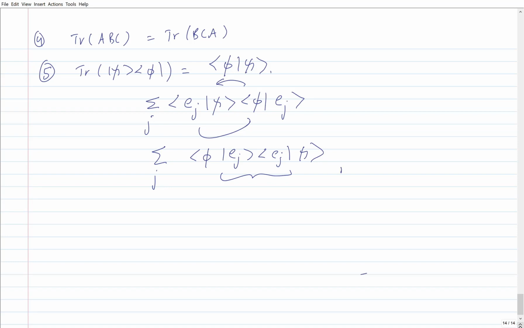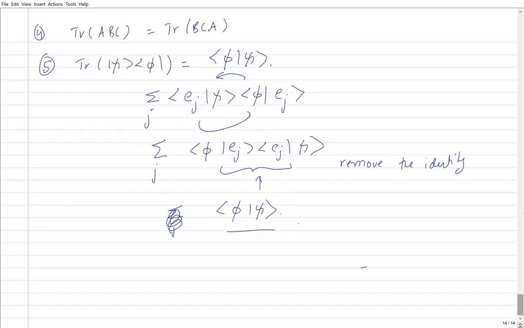I'm going to remove the identity. I can tack on the identity anywhere, and I can remove the identity. That's going to give me essentially this. So essentially the message is that the trace has the tendency to convert the outer product into an inner product.